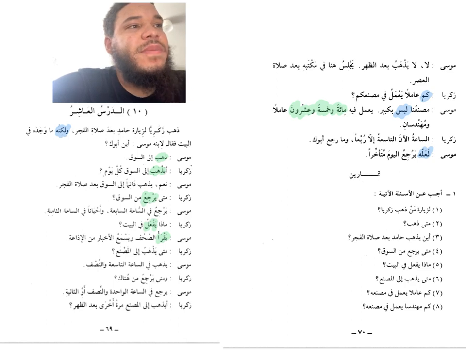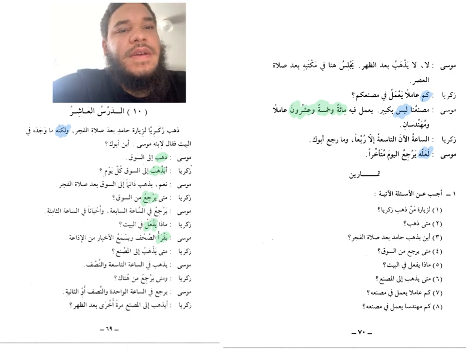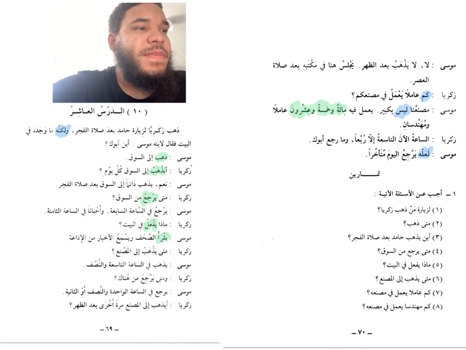La'alla is also from the sisters of inna. Just like lakinna, it makes the noun that comes directly after it take fatha, but here it is an attached pronoun. La'allahu, and it's used to mean perhaps or maybe or I fear, depending on the context. As we hear, perhaps here would be la'allahu yarji'u al-yawm muta'akhiran. Perhaps today he's going to come back late.